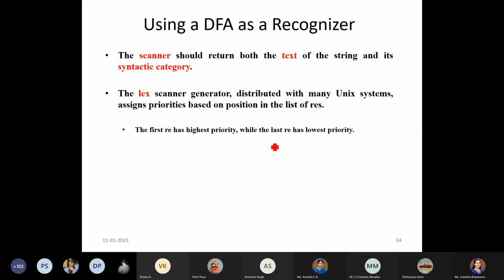With one regular expression, right? For a given program we will have a set of regular expressions.